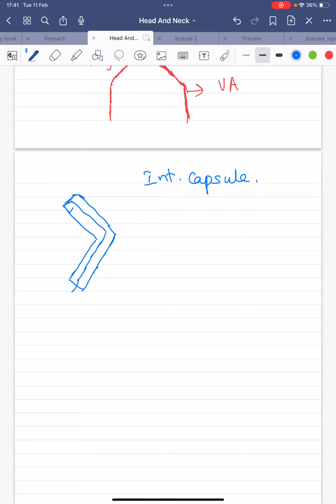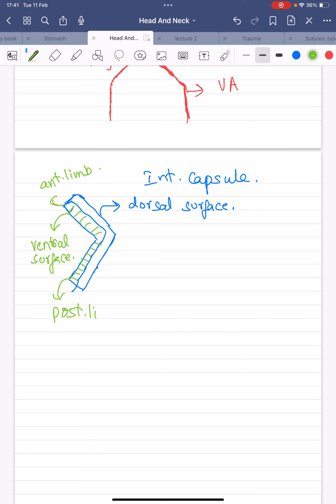This is the dorsal surface, and this one is the ventral surface. So this is the anterior limb of the internal capsule. This is the posterior limb of the internal capsule, and this part is known as the genu of the internal capsule.